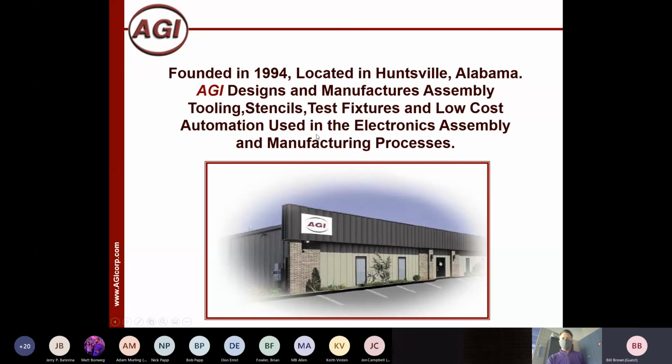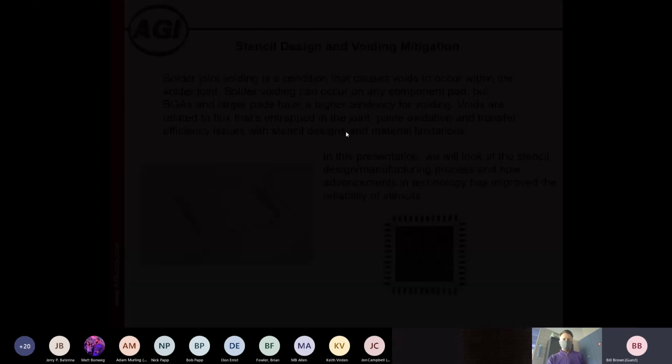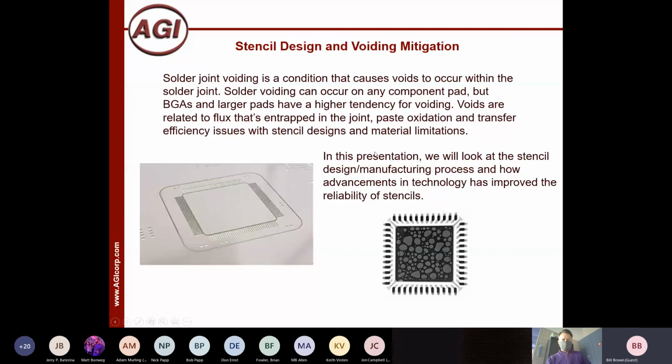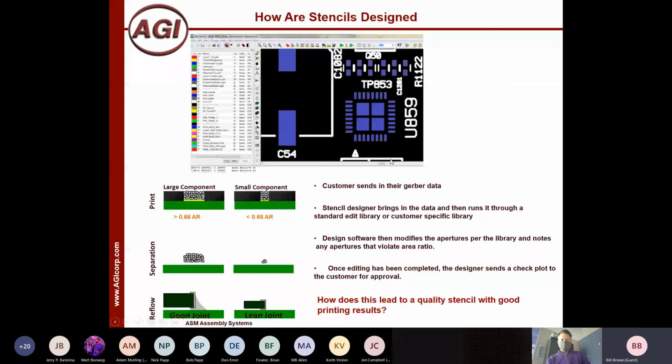So when a customer wants to order a stencil, basically what happens is they're going to send us their Gerber data, and we bring in that Gerber data through a program we call Gen Stencil. What happens with Gen Stencil is it has basically industry standards with set definitions.